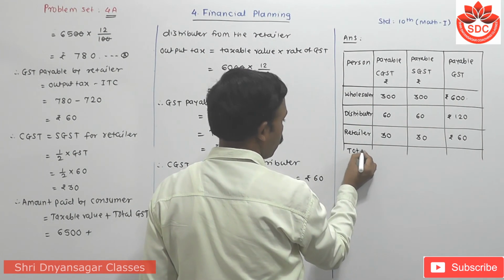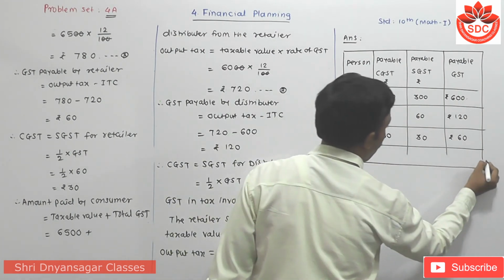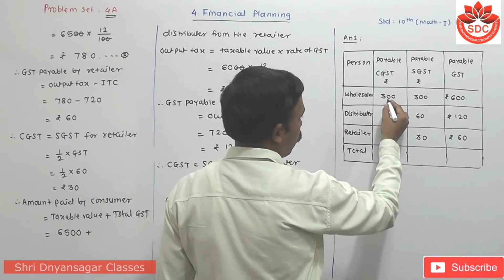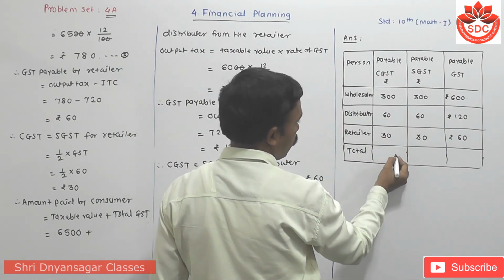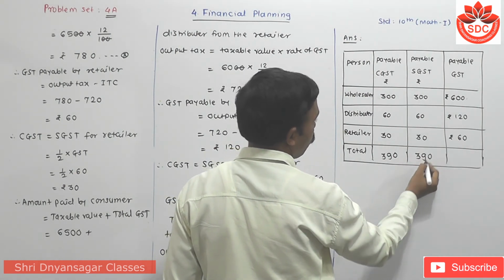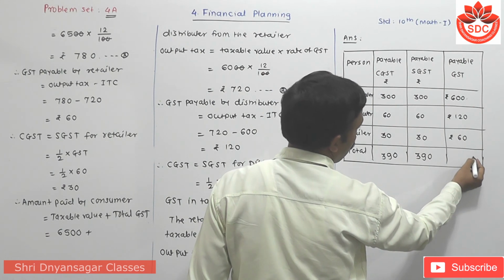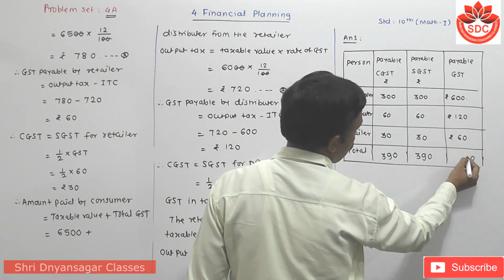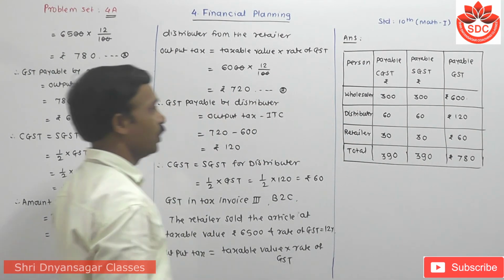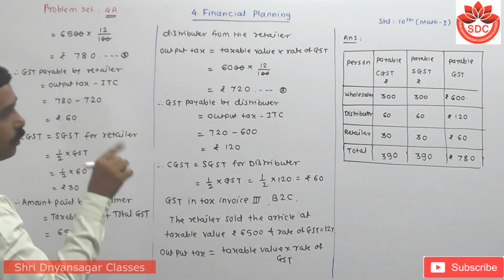So the next point is total. Payable GST: 390 plus 390, and this one is 780 rupees. This is the total GST payable here.